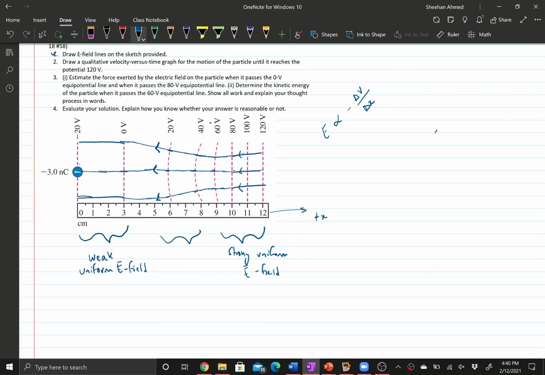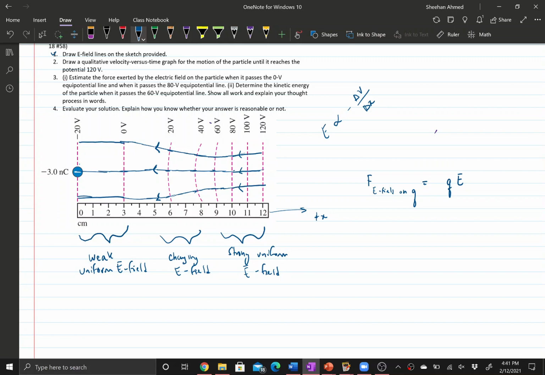And I can label this part as a changing E field. Well, remember that the force exerted by the E field on a charge is given by the charge times the E field.